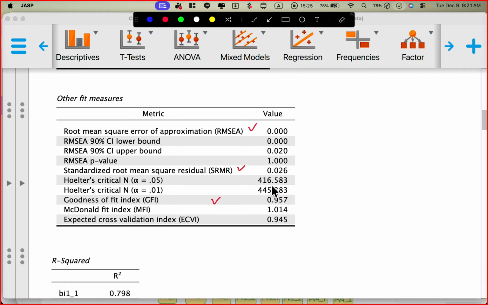We have three values, right? The first one is the value I checked. This one is called the confidence interval, CI. So we use the first value. You can see.